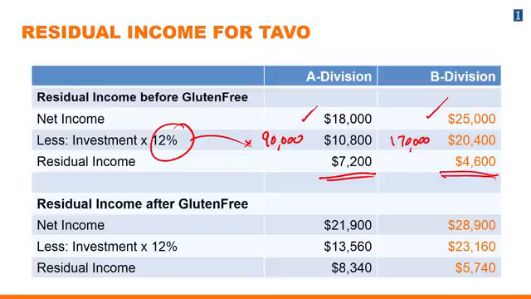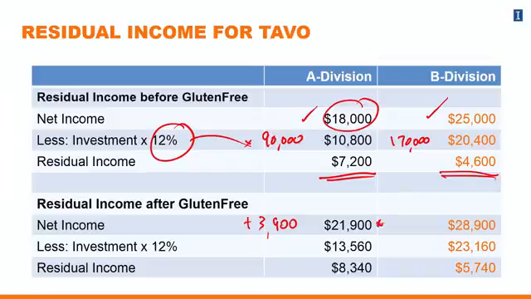Now we can look at A division and B division, but after the gluten-free option is implemented. Net income of A division is the original $18,000 plus the $3,900 that's projected to be generated in income by the gluten-free option, for a total of $21,900.